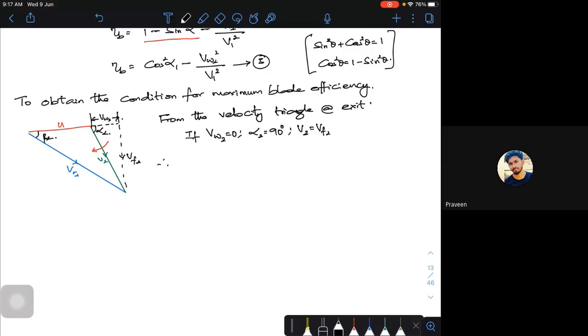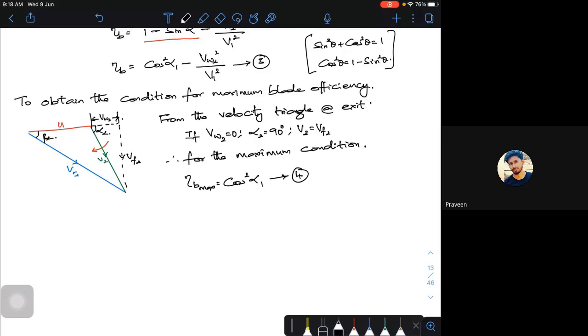Therefore, equation 3 can be written as, for the maximum condition, when VW2 is equal to 0, the maximum blade efficiency will be only cos square alpha 1. Let me call that equation 4.